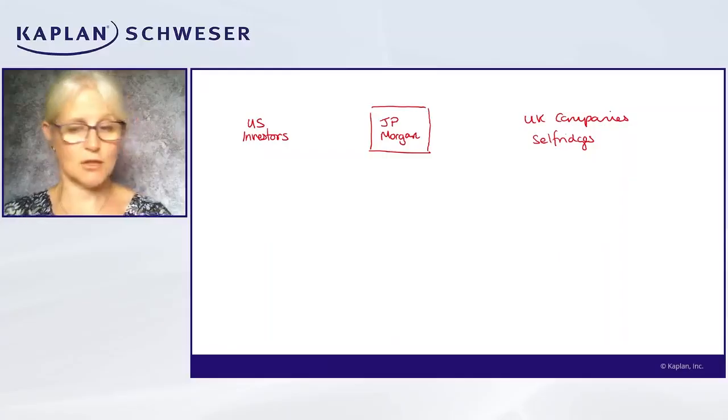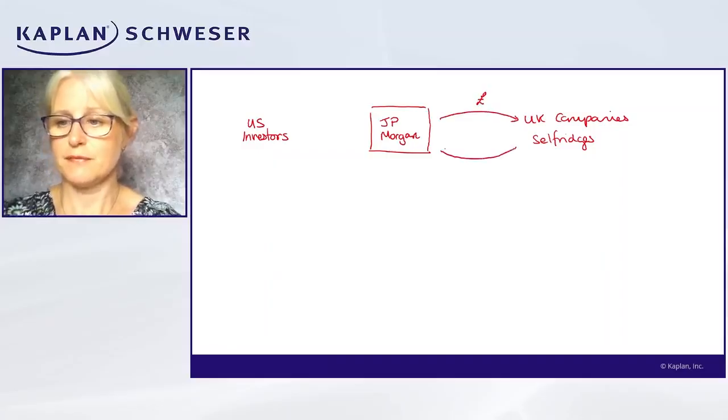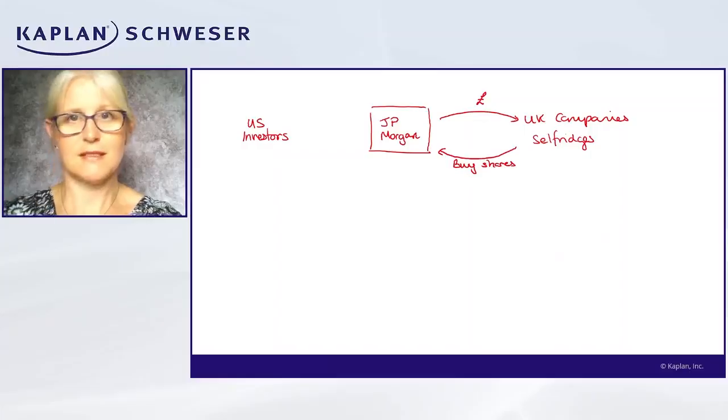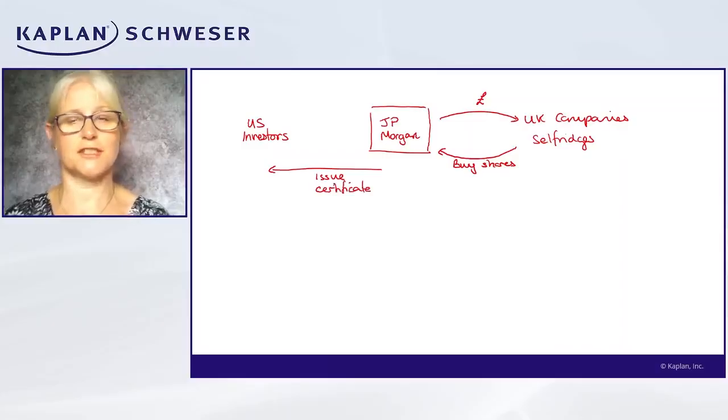So JP Morgan said, we will buy the shares in Selfridges, and we will lock them away in our deposit, and we will issue a certificate of ownership that relates to those underlying Selfridges shares.